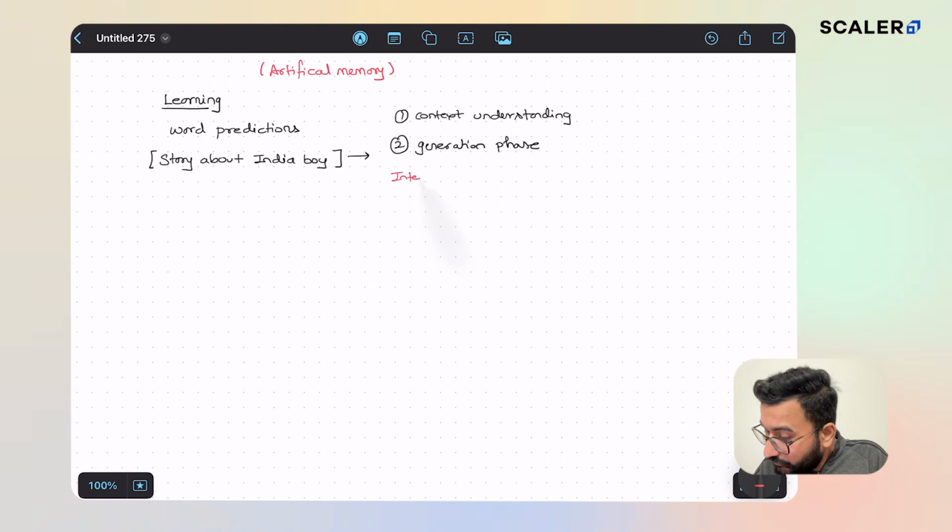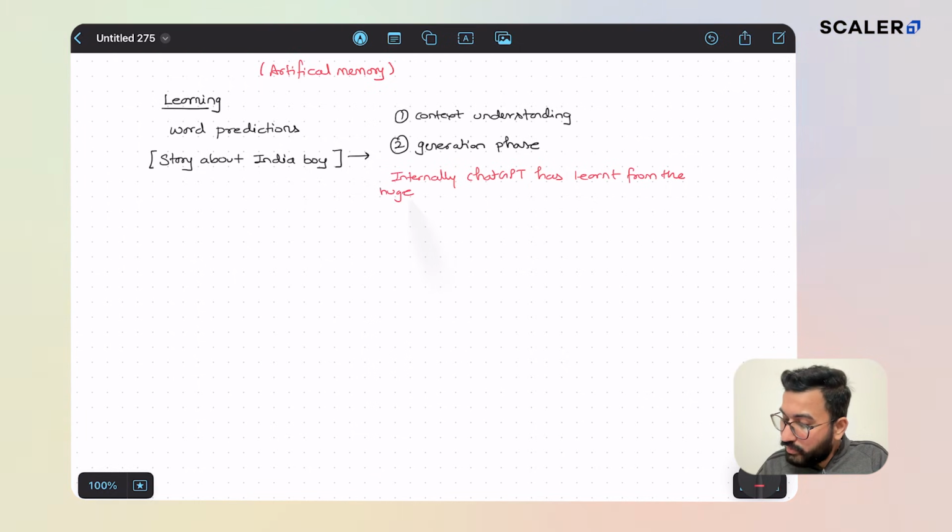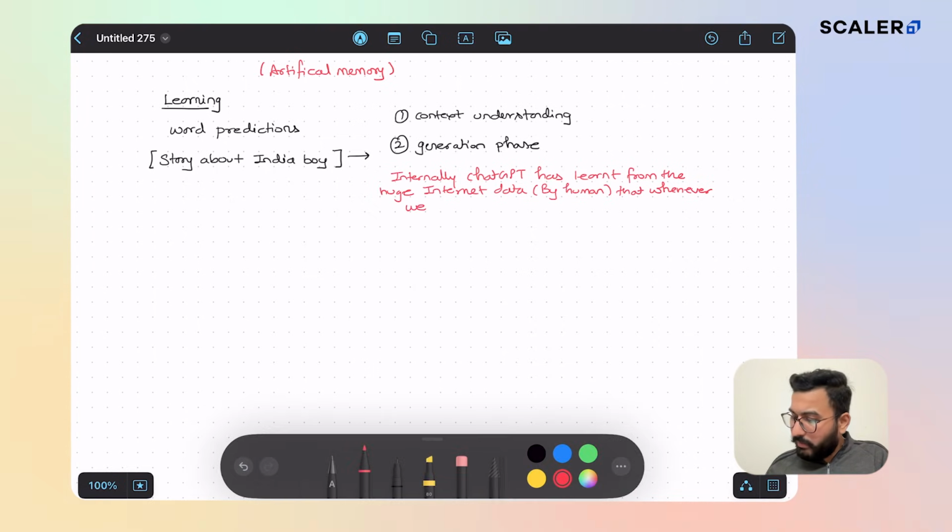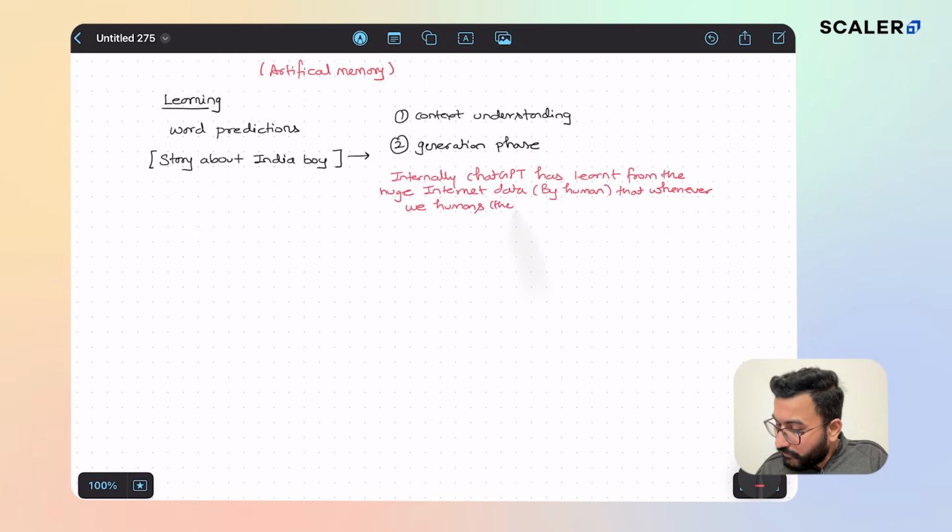Internally, ChatGPT has learned from the huge internet data, which was created by we humans, that whenever we humans, or they, wrote a story, 90% of the time it started with the word "once."